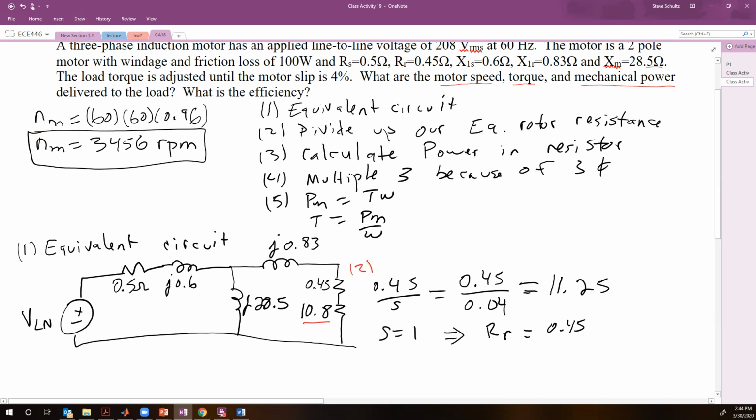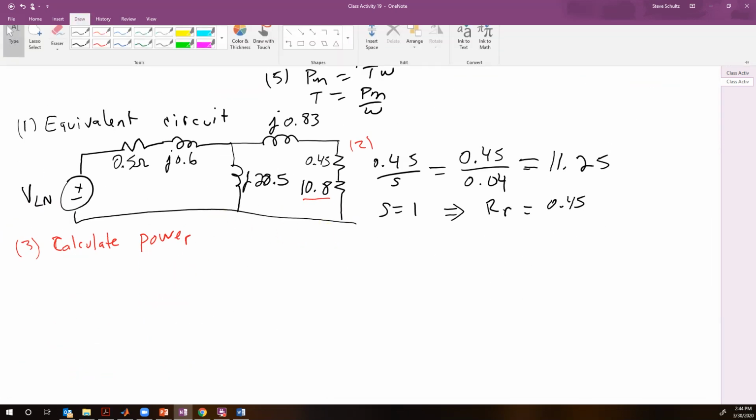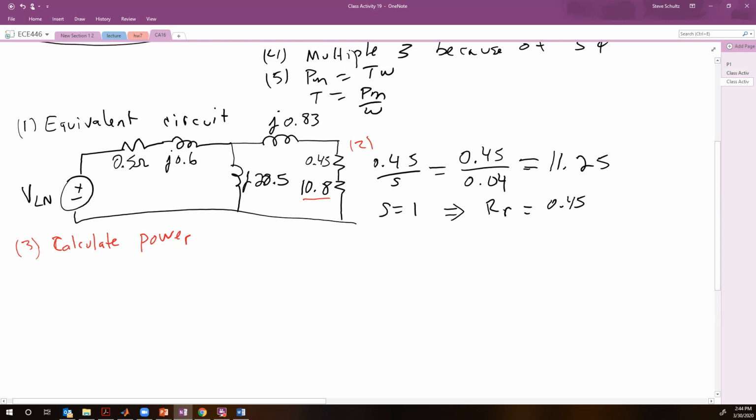Okay, so this part was number 2. Okay, so number 3 is we're trying to calculate power. Now this is going to be basically a circuit analysis problem.